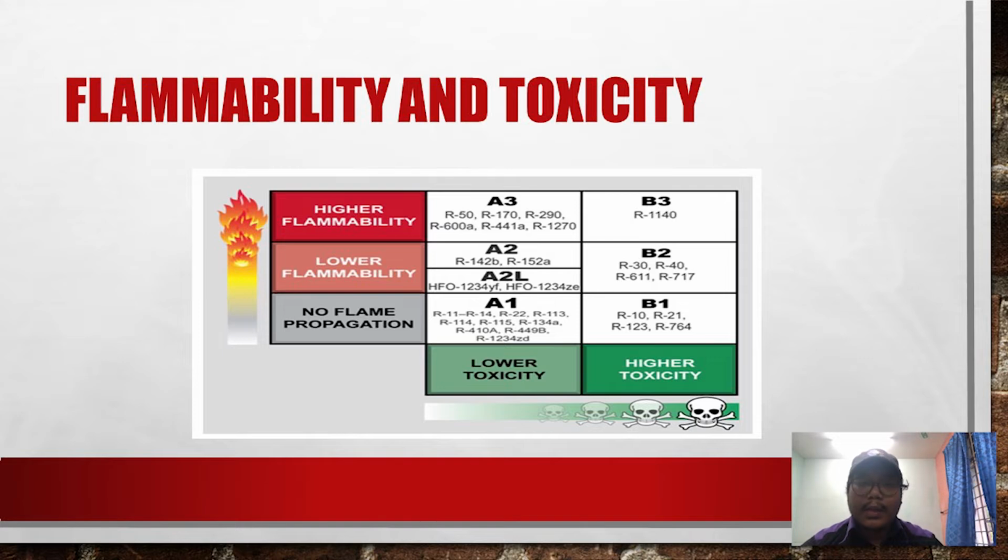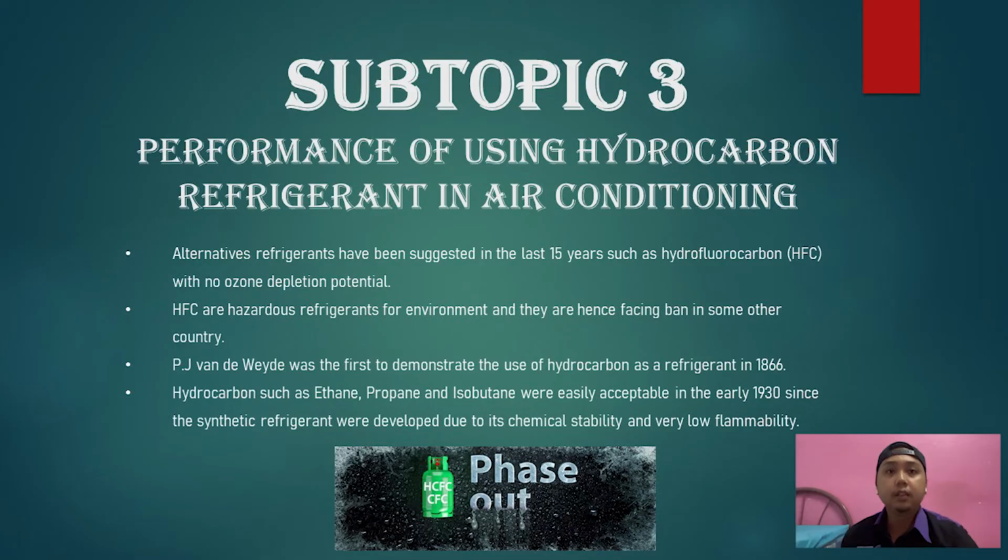To conclude, in all applications, hydrocarbon refrigerants are much safer for consumers than chemical refrigerants, even though they have been prohibited in several countries because of flammability issues. Lastly, the picture shows refrigerants from the highest flammability and toxicity to the lowest. Thank you. I give to the next person.